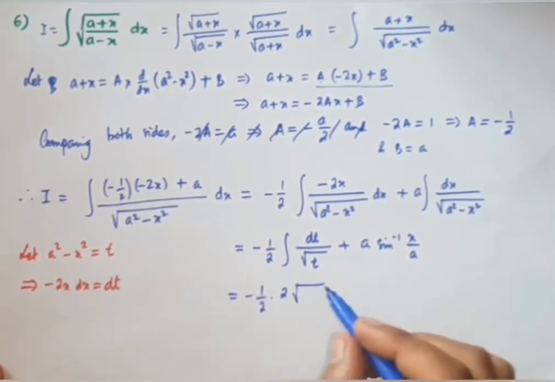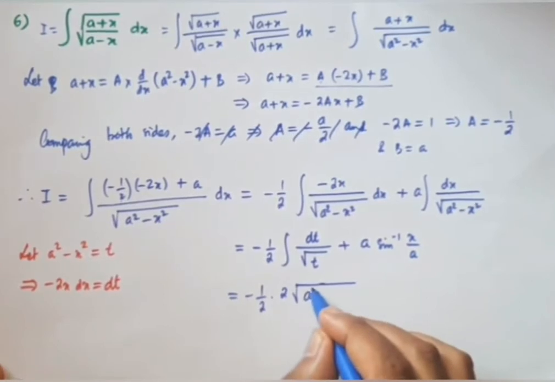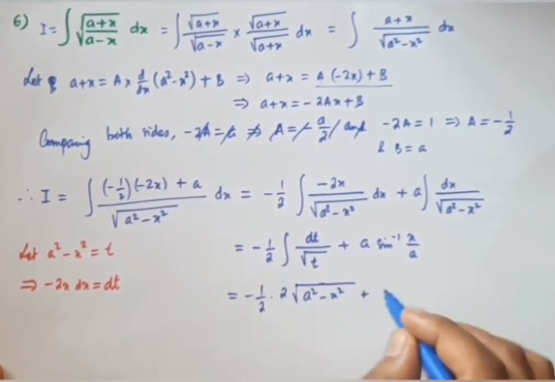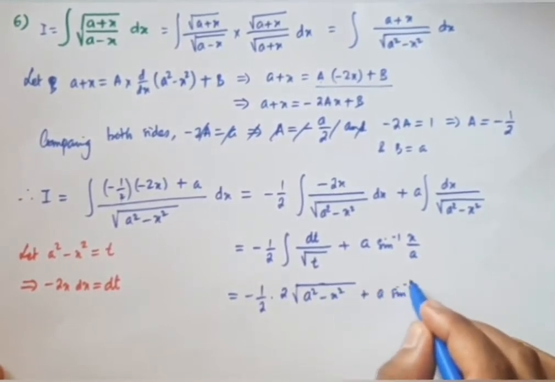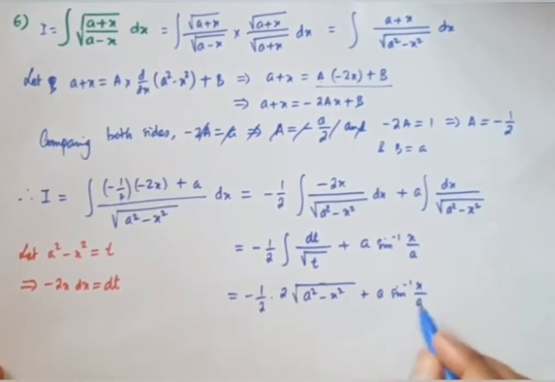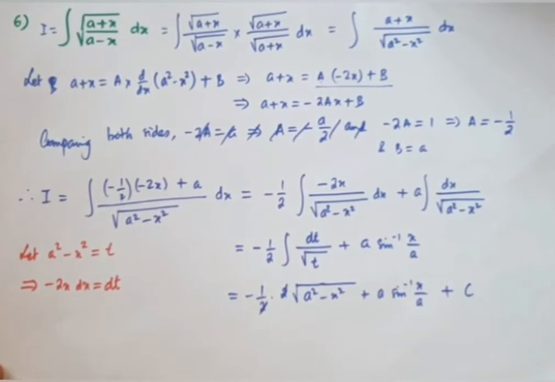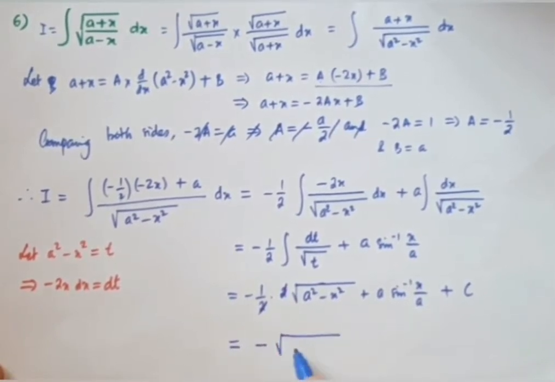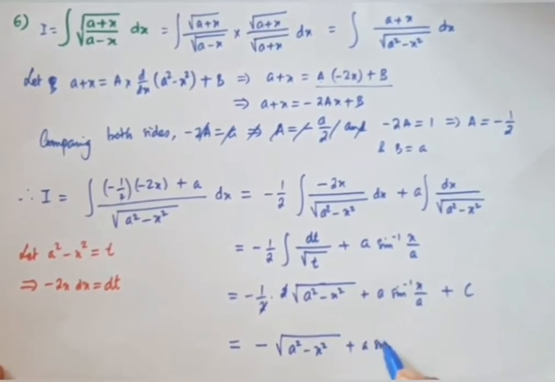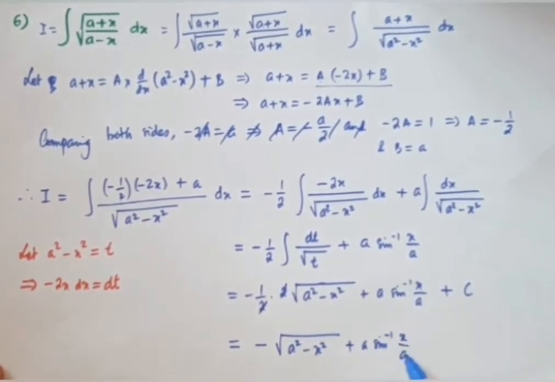So t is equal to this much, so that is a square minus x square, plus a sine inverse x by a. Now since we are done with the integral part, we'll put a constant of integration. These two get cancelled here, so that's why my answer will be minus square root of a square minus x square plus a sine inverse x by a with constant of integration.